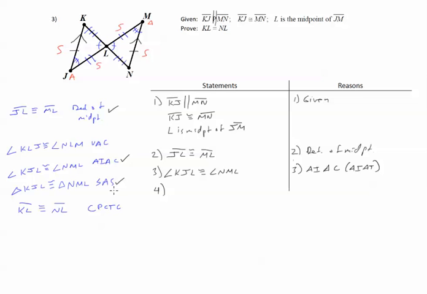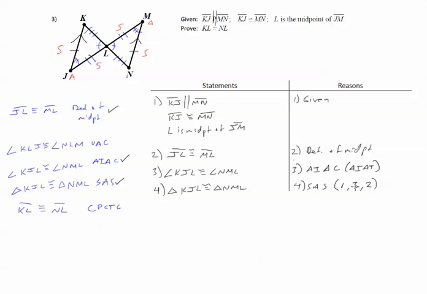And for number 4, once we have these statements, we know that triangle KJL is congruent to triangle NML because we have a side, an angle, and a side. And where did that first side come from? The first side came from step 1 in our given. The angle that we had came from step 3, and the second side that we had as congruent came from step 2.